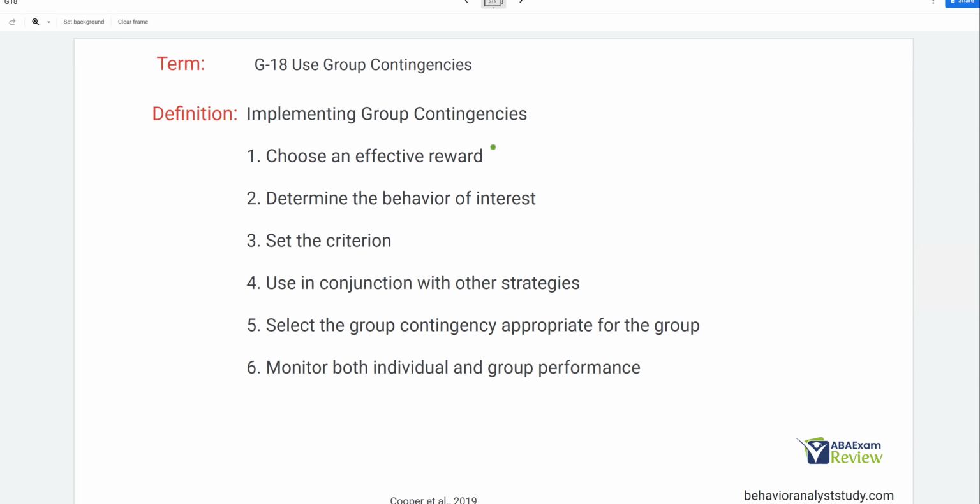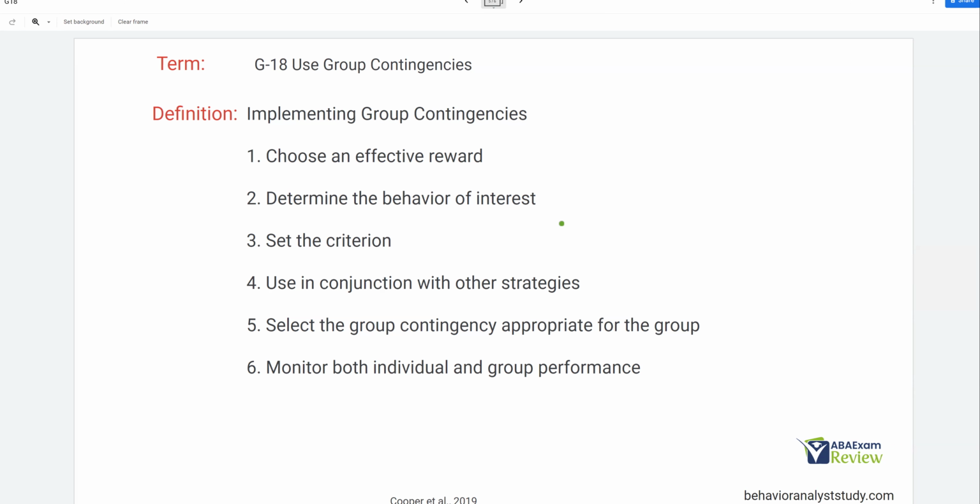But a lot of times with group contingencies, we don't have the resources or time to do that. And so we might use reinforcement menus where there's a select few reinforcers that can be chosen, or we might just use ongoing generalized conditioned reinforcers as the reward. The idea is something that's going to be effective for each member of the group to the fullest extent possible.